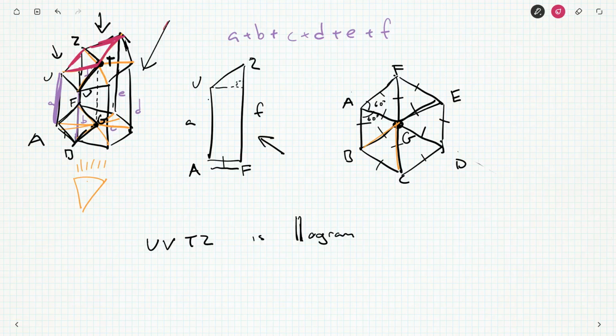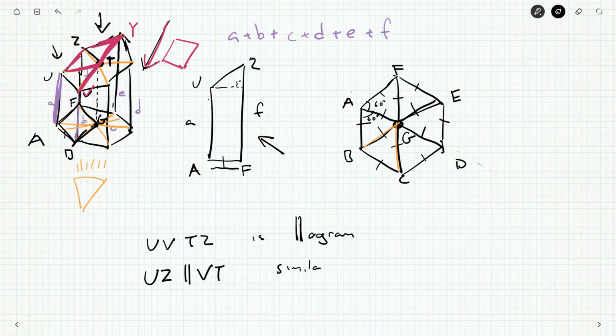Well, again, because it's a single planar cut, like somebody came along and just ran a piece of paper through my hexagonal prism, this should be a straight line from V up to Y. And it will be, okay. So because this is a parallelogram, that tells me UZ is parallel to VT.